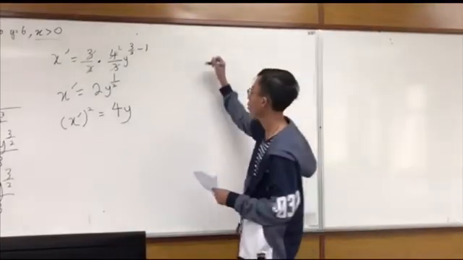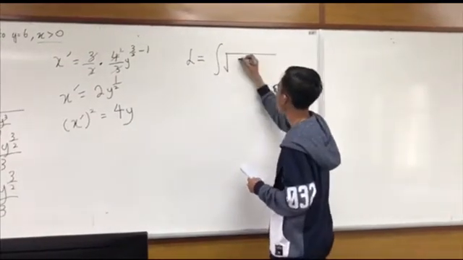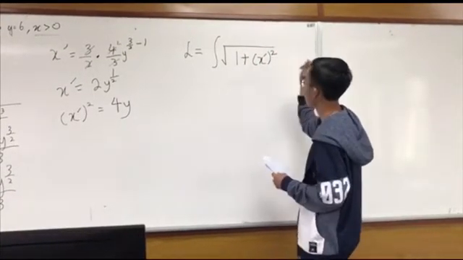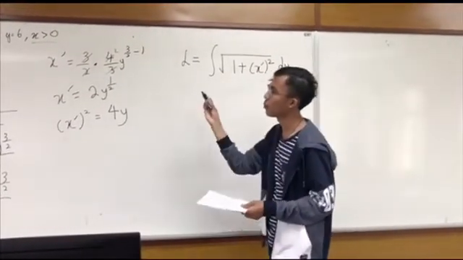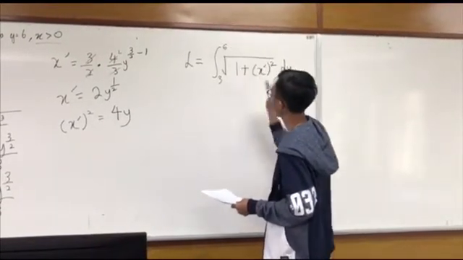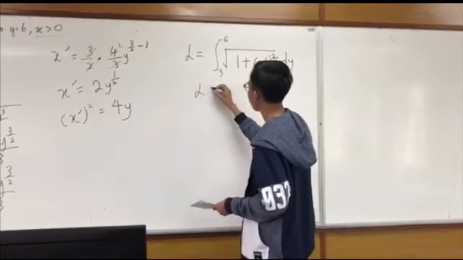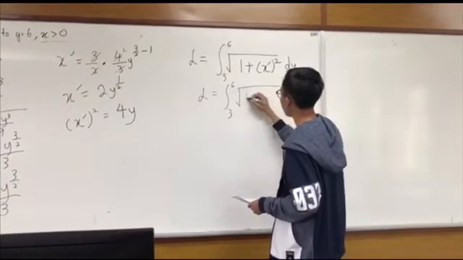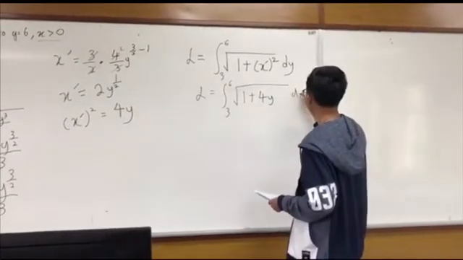We have to find the arc length, so L is equal to the integral of the square root of 1 plus x prime squared dy. We have y from 3 to 6, so the limits are from 3 to 6. Substituting the value, L equals the integral from 3 to 6 of the square root of 1 plus 4y dy.